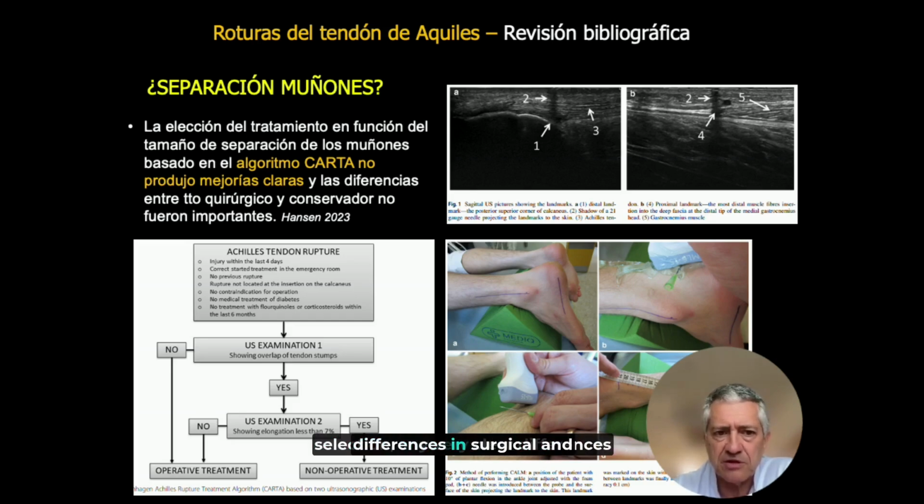The differences in surgical and conservative treatment were not significant, which slightly breaks the feeling we have that patient selection based even on the morphological type of rupture, in their case at least, did not determine very clear differences.